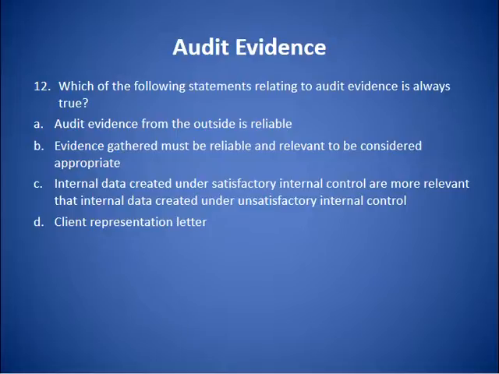Okay, which of the following statements relating to audit evidence is always true? Again, you're given your 4 choices. Stop the video, arrive at an answer, and when you're ready, restart your video.